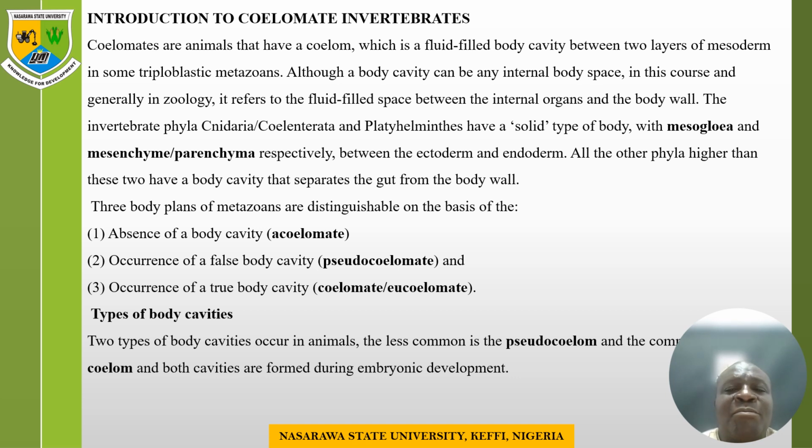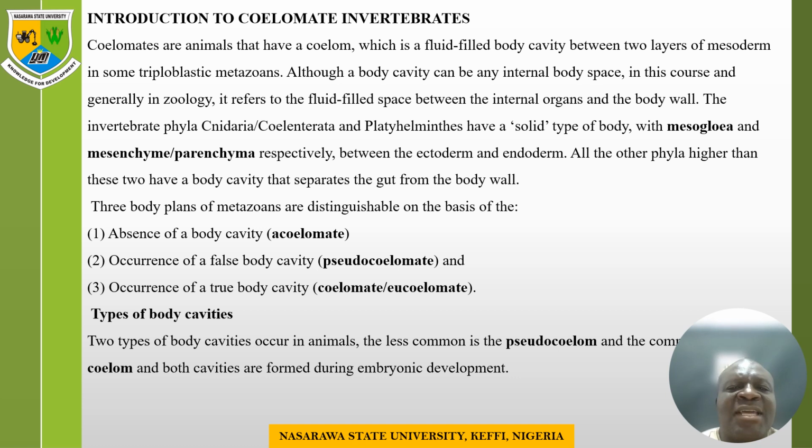And again, many organisms are named based on their morphology. The nomenclature of an organism comes as a result of what the organism possesses, their body structure. Most of these invertebrate organisms possess the coelom, and the coelom plays an important role in their survival.